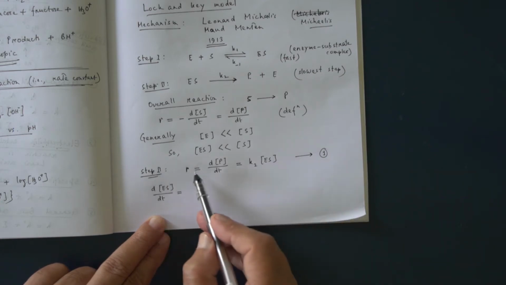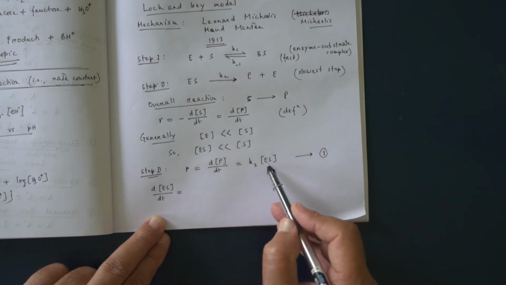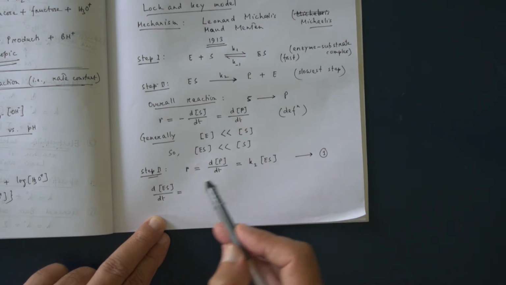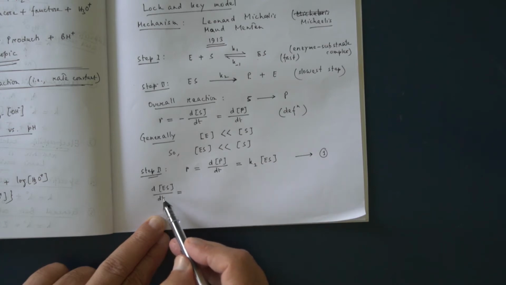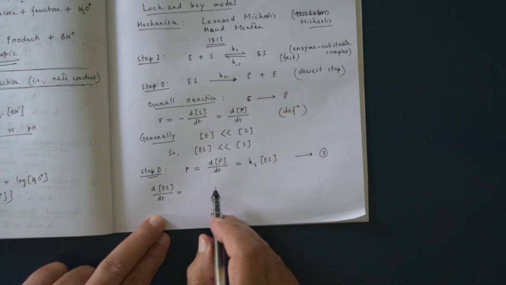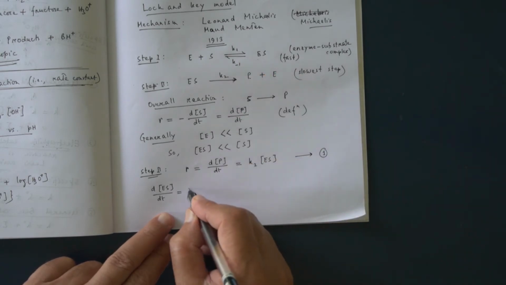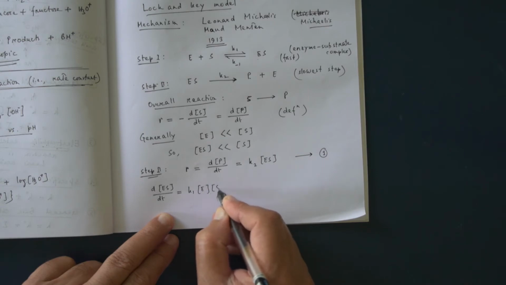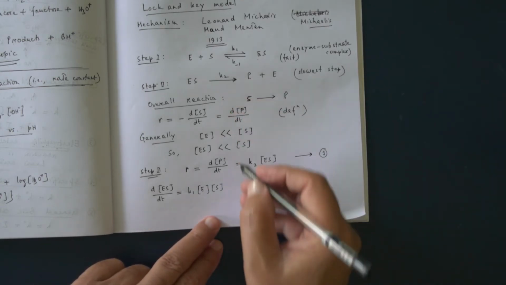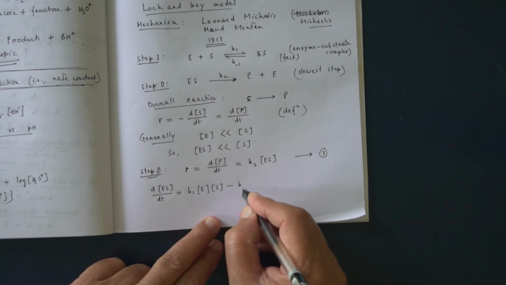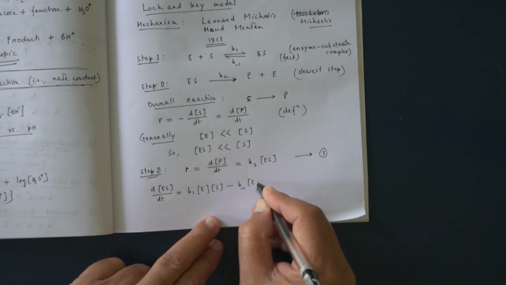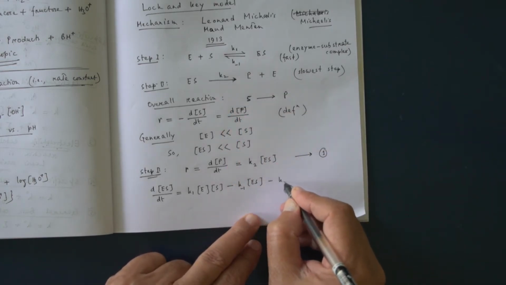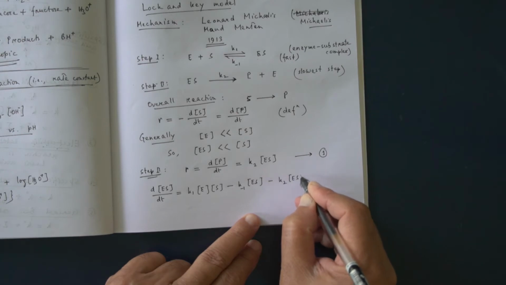In the rate expression we have the concentration of ES, the enzyme substrate complex, therefore we write d[ES]/dt from these mechanisms. So we get k1 concentration of E, concentration of S, then minus k minus 1 concentration of ES, then minus k2 concentration of ES.